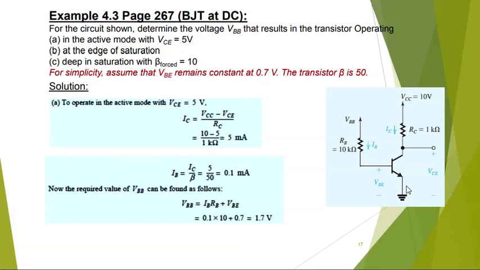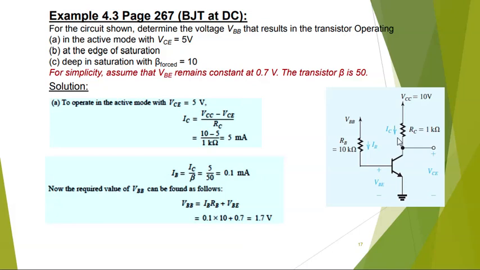It means that a bit lower will go to the saturation. So if VCE is 0.3, your IC will be how much? 10 minus 0.3 over 1K. It's going to be 9.7.